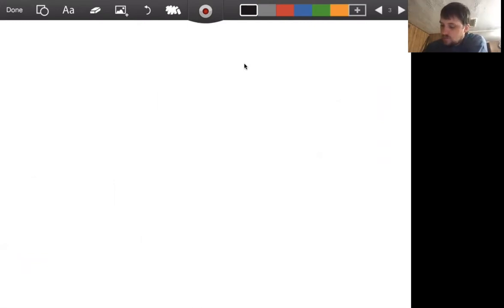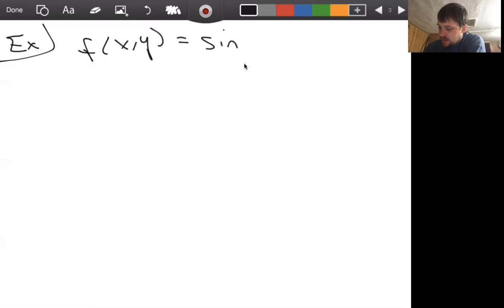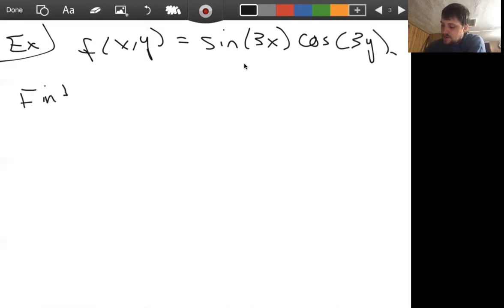Let's do one example really quickly. Let f of x, y be sine 3x cosine 3y, and let's find the gradient of f.